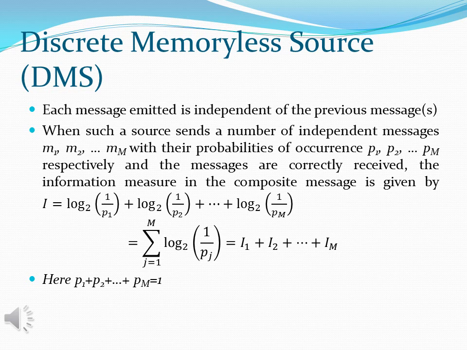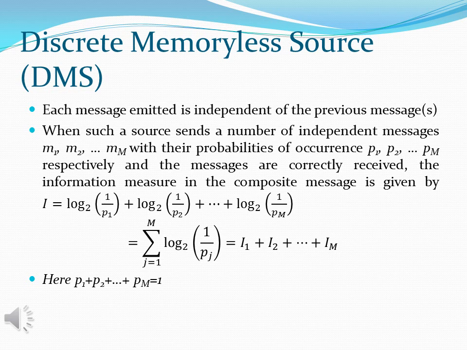When such a source sends a number of independent messages like M1, M2 up to MM with their probabilities of occurrence P1, P2 up to PM respectively, then the messages are correctly received.